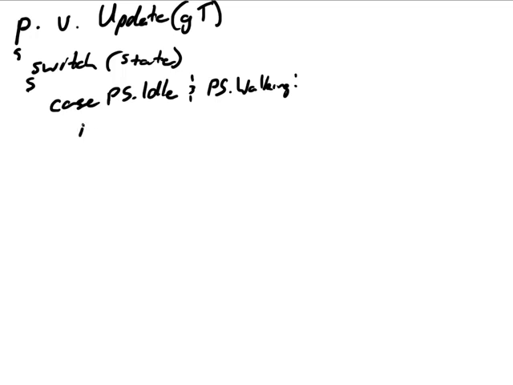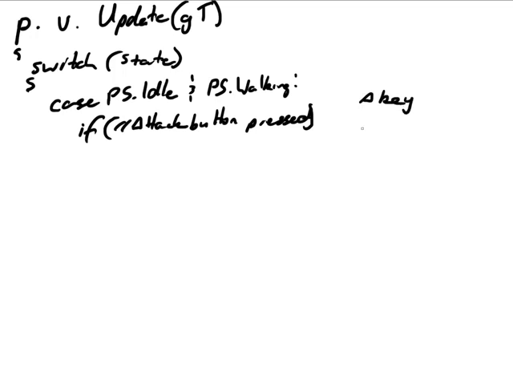So we'll say if attack button pressed, okay, on the keyboard we're going to make that be the A key, and on the gamepad it's going to be the X button.